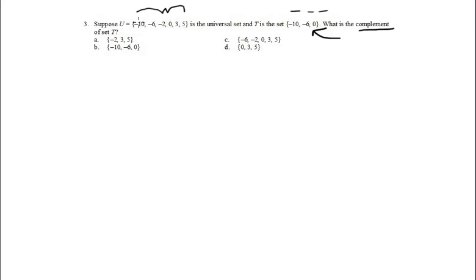Negative 10's in there, so we get rid of that, and negative 6 and 0. So I'm left with negative 2, 3, and 5. So the complement of set T is the elements negative 2, 3, and 5, which is choice A.